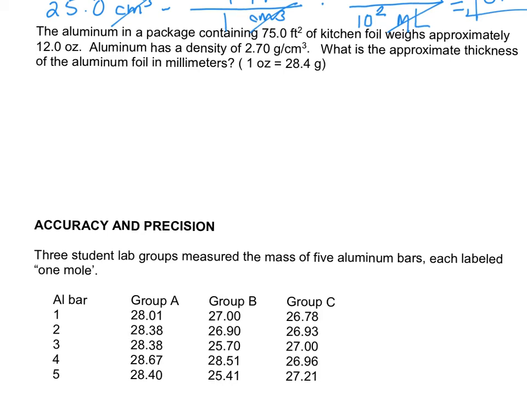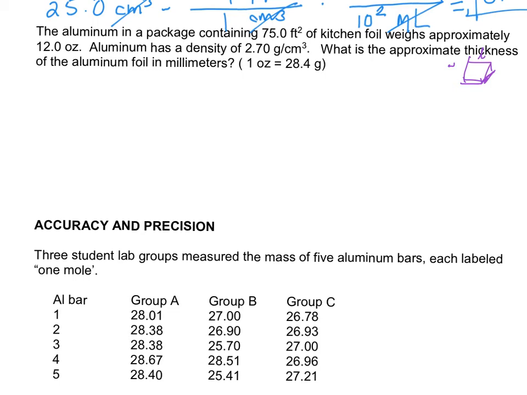So let's look at what we're trying to figure out here. We have a piece of foil. And if you had me last year, you know I can't draw. So let's say it's a rectangular piece of foil or something like that. They give us the area of it. So the area is the length times the width. They give us the mass of it. They also give us the density.